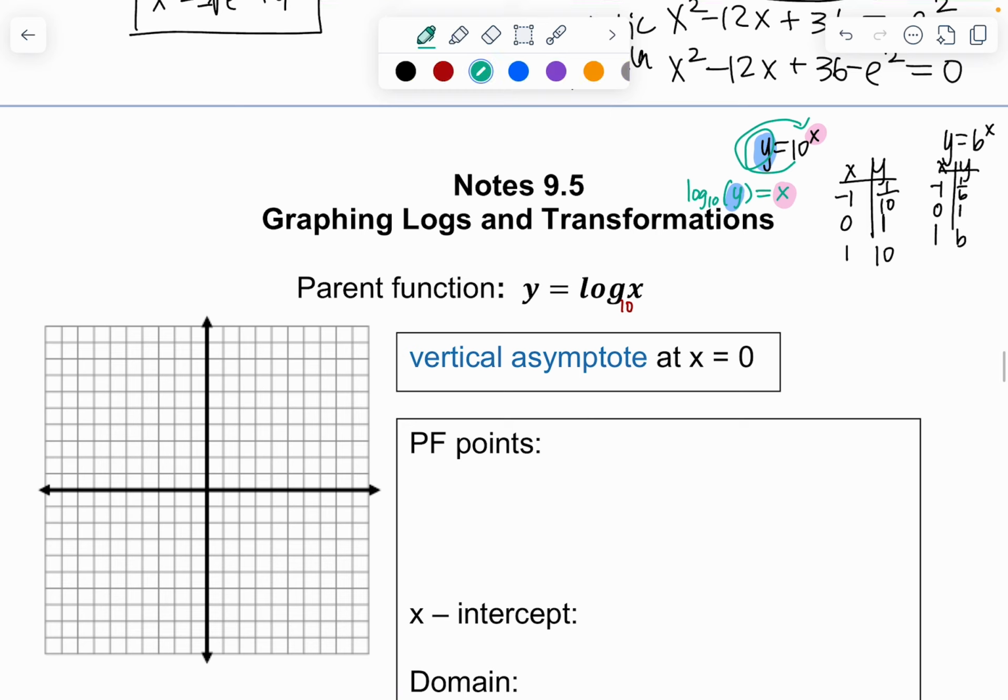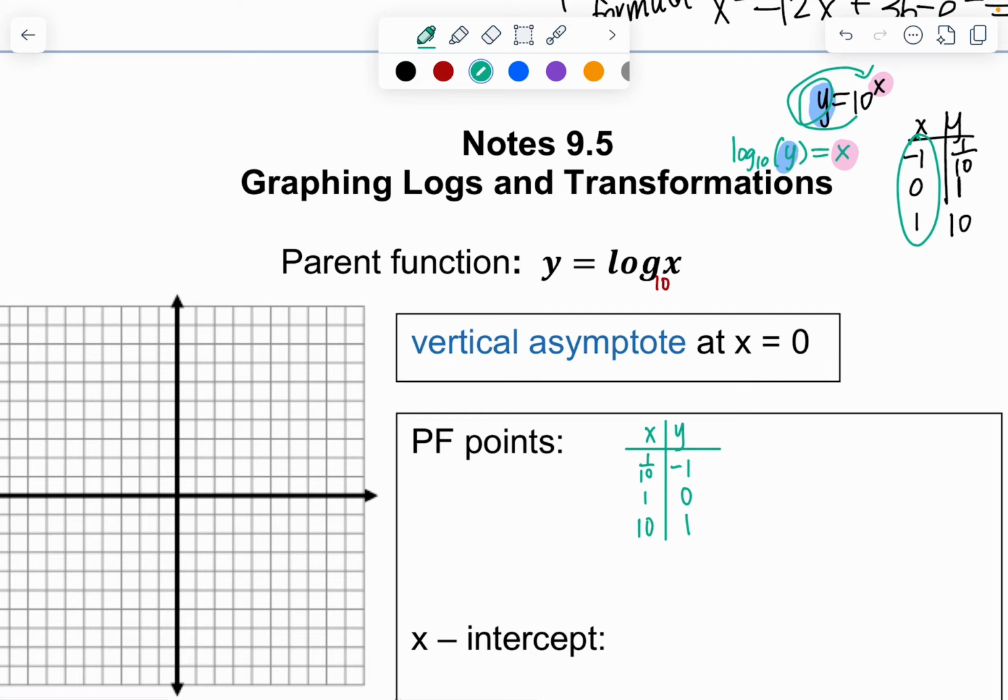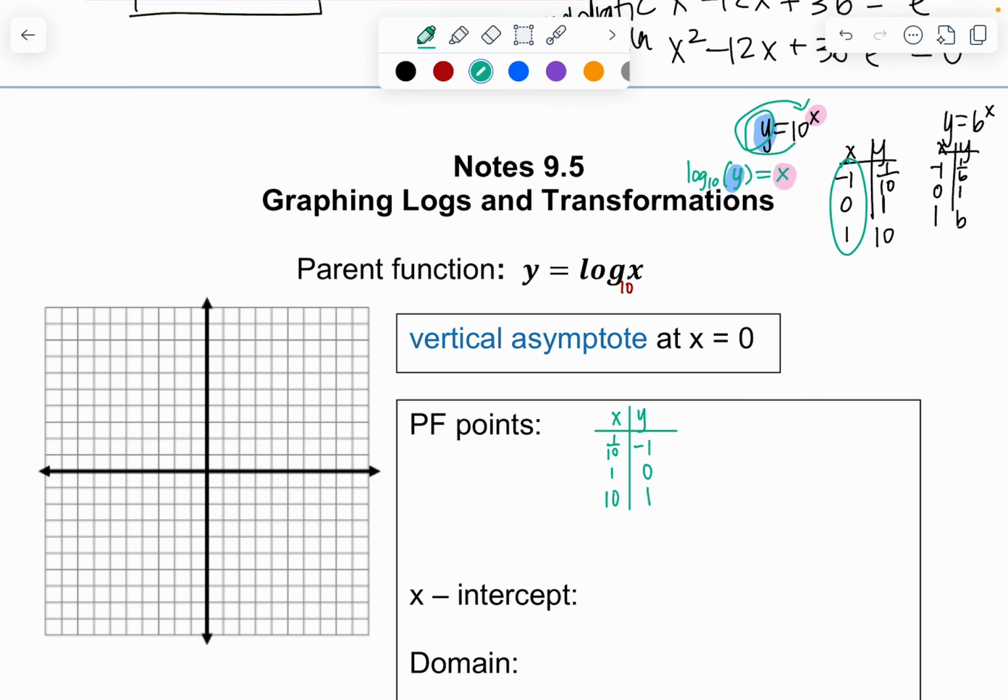And so for our log base 10, the table of points for this function, you're going to have the -1, 0, 1 in the y column, and you're going to have the 1/10, 1, 10 in the x column. The x's and y's just switch places.